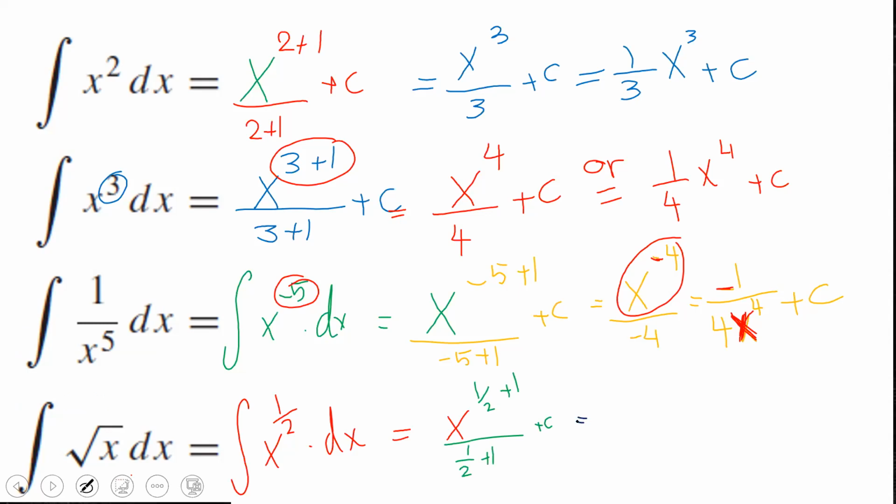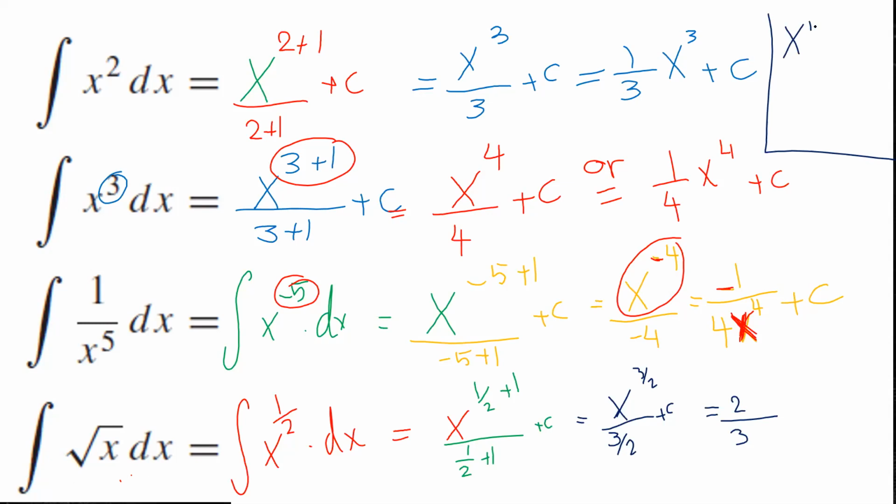Then it's x, half plus 1 is 3 over 2, over 3 over 2 plus c. How can I write it now? 3 over 2, I will write its reciprocal, which is 2 over 3, and x to the power 3 over 2. As I told you before, if we have x to the power m over n, I will write it as m inside and n outside.